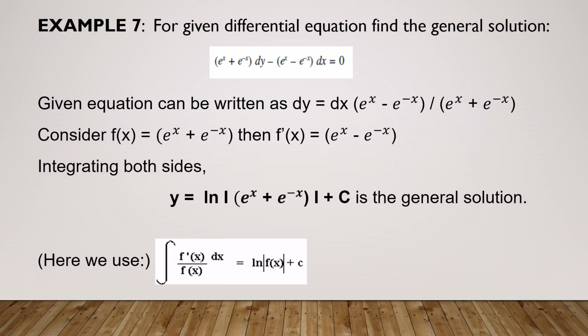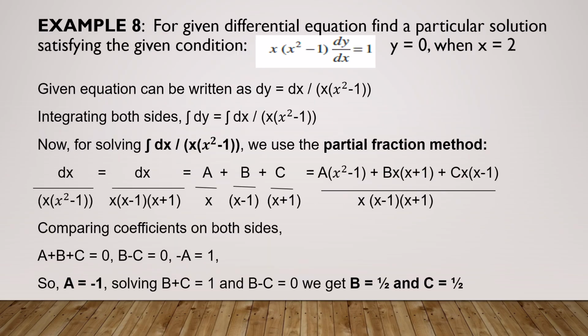So its integral is ln of mod of f x, what is your f x? e raised to x plus e raised to minus x, plus c, which is the constant of integration. See how easily you can get the integral. Suppose you don't want to use this direct formula, then obviously you can use a substitution method. You can substitute e raised to x as t and so on, and then you can find the integral. But this is a very important trick by which you can find the integral.